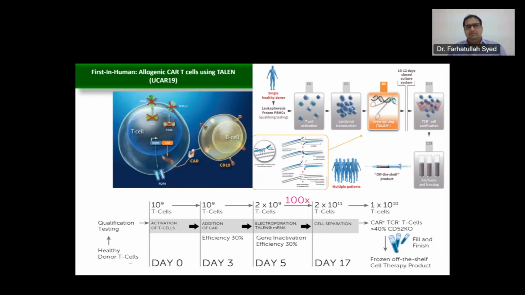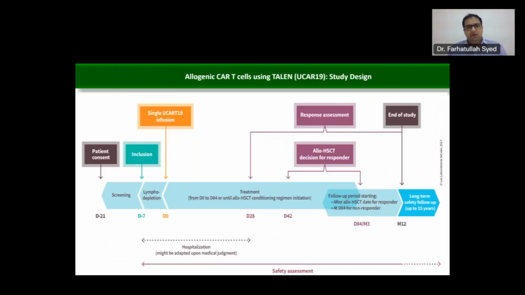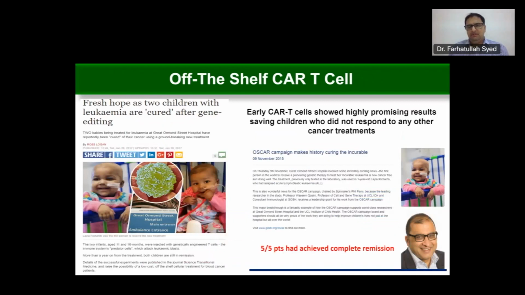This is just a brief study design on how we treated the patients. Until day 7 we were lymphodepleting, and then on day 0 only a single vial infusion was given to children. We treated, I think, 5 patients. All 5 patients achieved complete remission, and this was one of the remarkable results for us at that time.